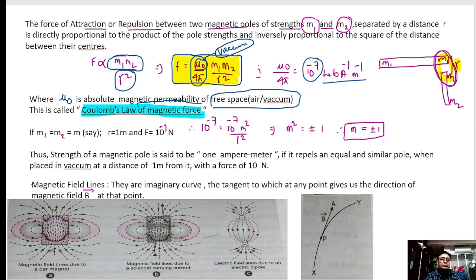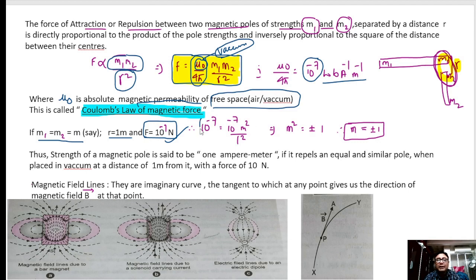Clear? Now for example, if M1 is equal to M2 equal to M, that means the pole strengths are the same and the distance between them is 1 meter, then F is 10 to the power minus 7 Newton.